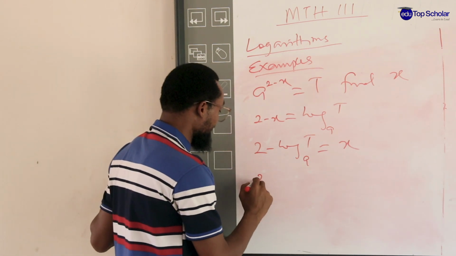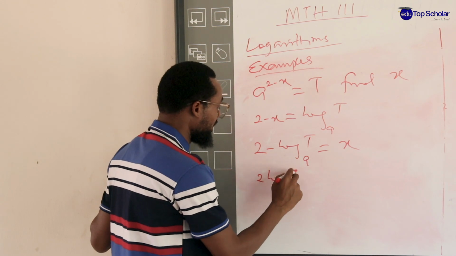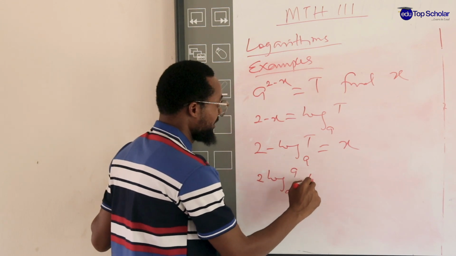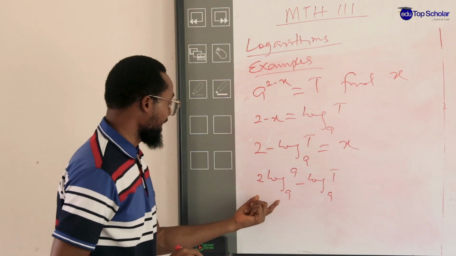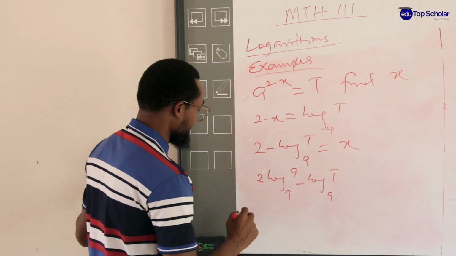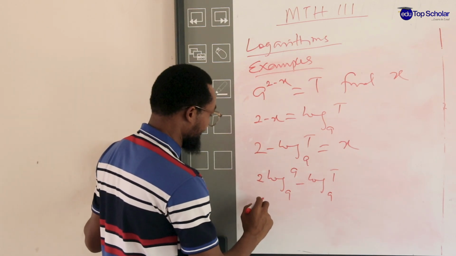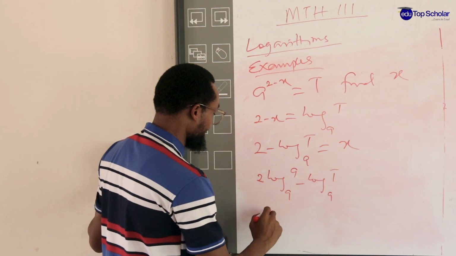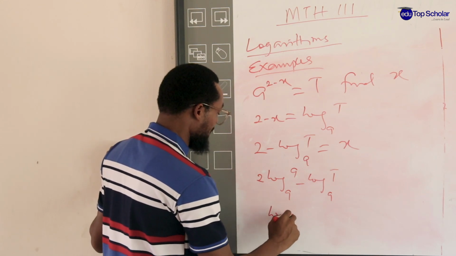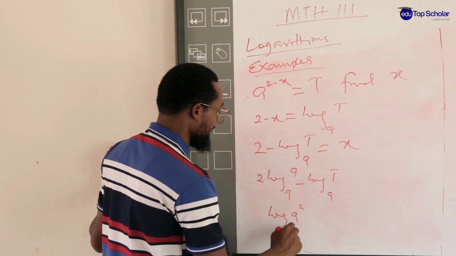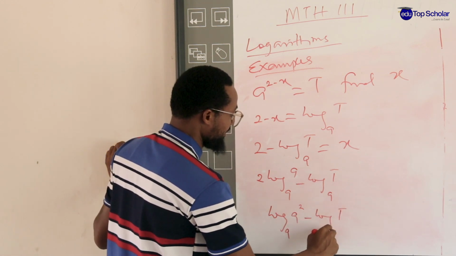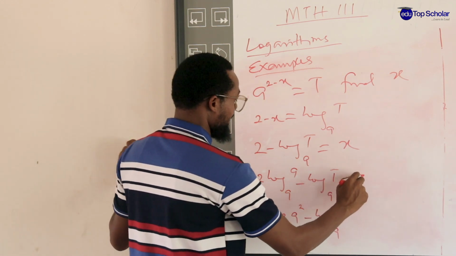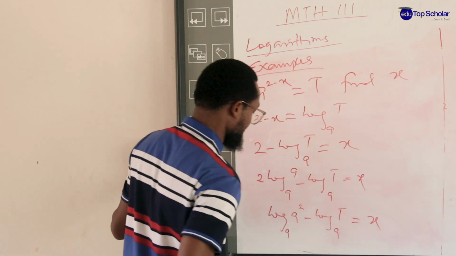That implies that we can have 2 log a base a minus log t base a. Don't forget, from our third law, I think we have been making use of that third law every time. And this will be log a squared base a minus log t base a. This is x.